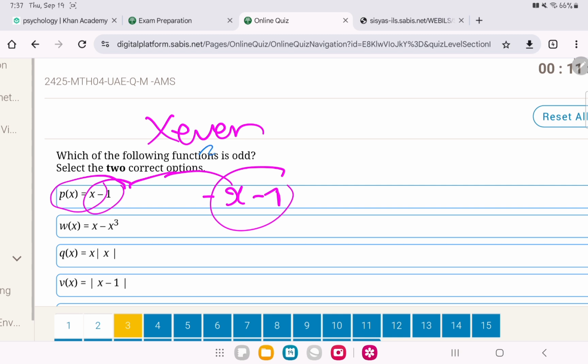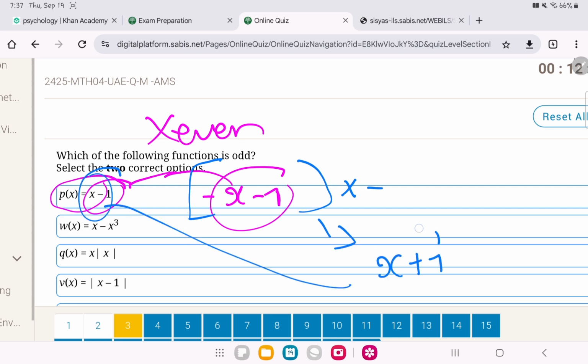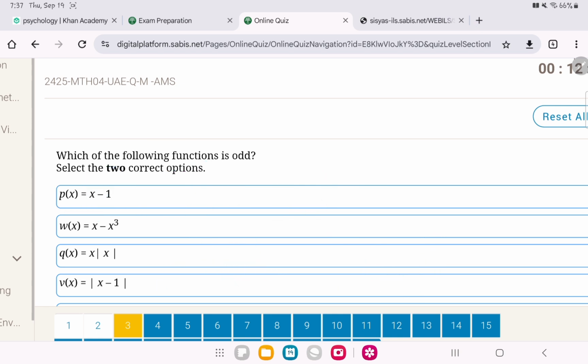Now, to check if it's odd, we multiply the full equation by minus, and so then we will get x plus 1. But still, x minus 1 is not equal to x plus 1, so it's neither even nor odd, so we say it is neither.